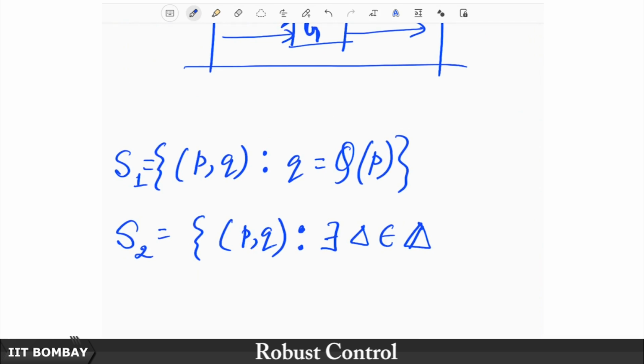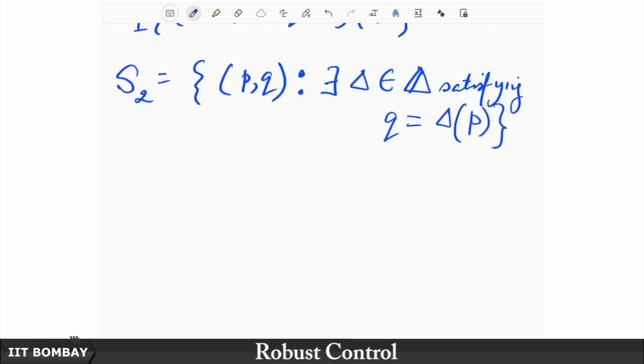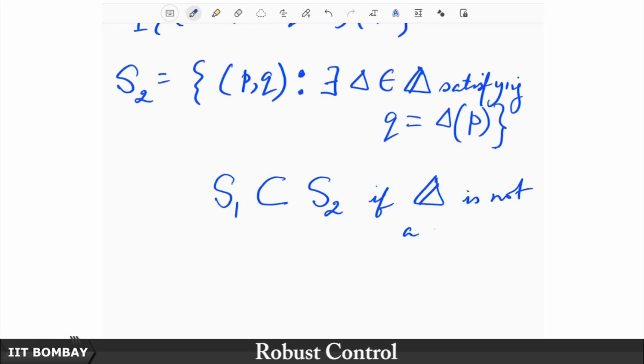This is a set of P, Q such that there exists some delta in the set big delta satisfying the condition that Q is equal to this linear map delta acting on P. But the big claim that I am going to make is that S1 is actually a subset of S2 if delta is not a singleton set.